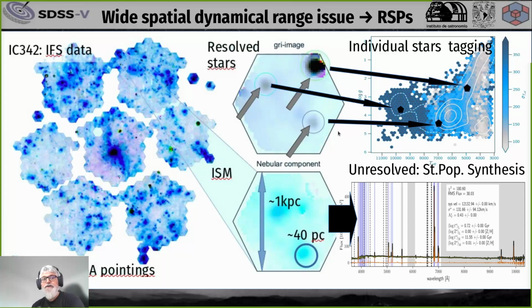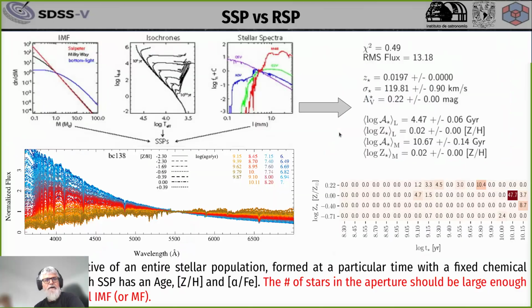And that's just to remind you of the basic difference between our single stellar population and an RCP. A single stellar population is created assuming a complete coverage of the IMF, enough stars, 10 to the 4, 10 to the 5 stars in the aperture, assuming a certain distribution in the physical parameter space that is covering a certain isochrone.